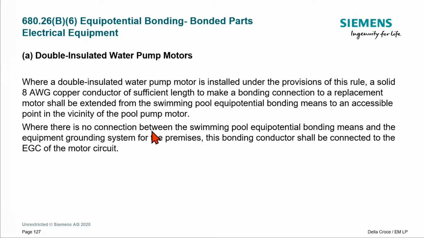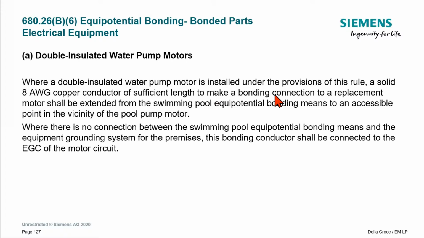At some point. So here's what it says. Where a double insulated water pump motor is installed under the provisions of this rule, a solid 8 AWG copper conductor of sufficient length to make a bonding connection to a replacement motor. Again, if you replace a double insulated one and the one that you replace it with just happens to be one that is not double insulated, right?